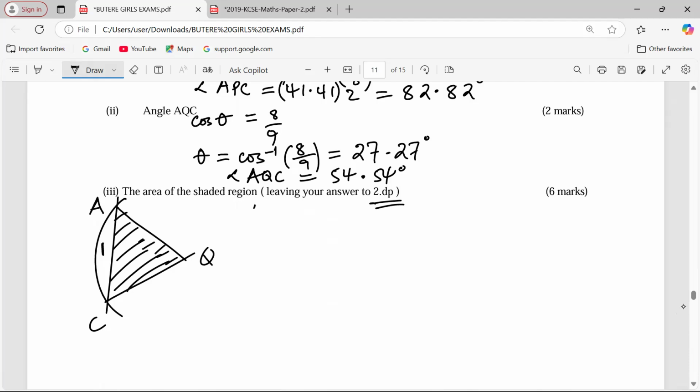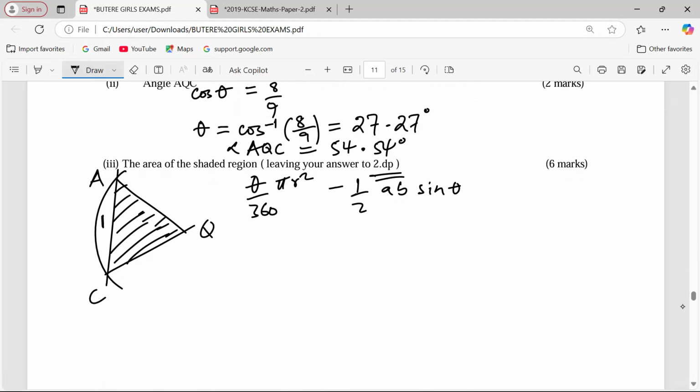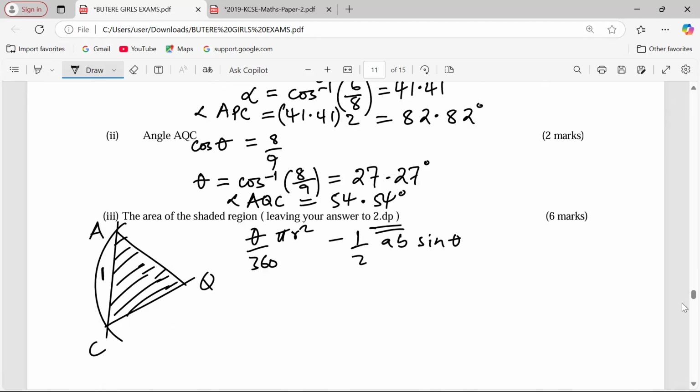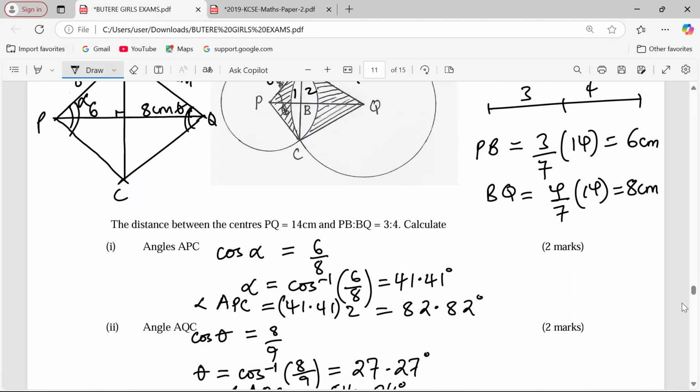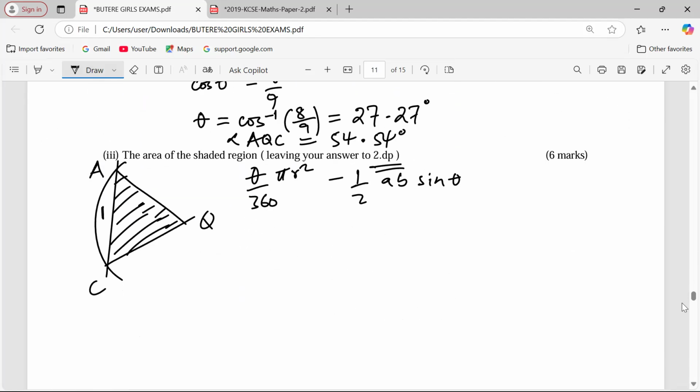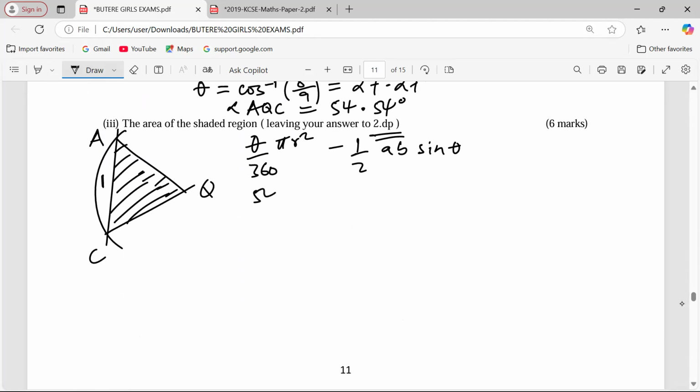So we should get the whole sector minus the triangle. So we need beta over 360 pi r squared minus half AB sine beta for us to get the first shaded area, the first minor segment. So beta at Q, the beta is 54.54, divided by 360 multiplied by pi.